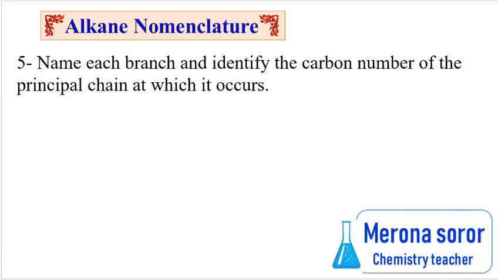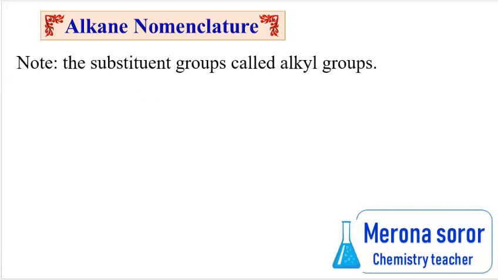Step number 5: name each branch and identify the carbon number of the principal chain at which it occurs. Note the substituent group called an alkyl group.